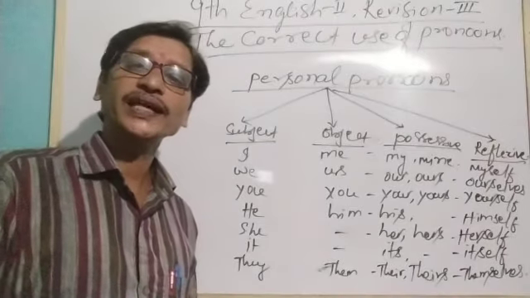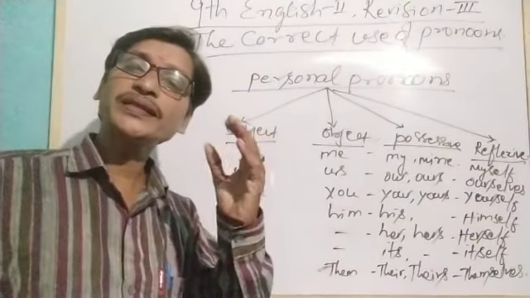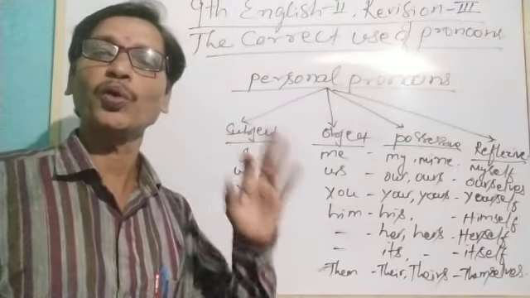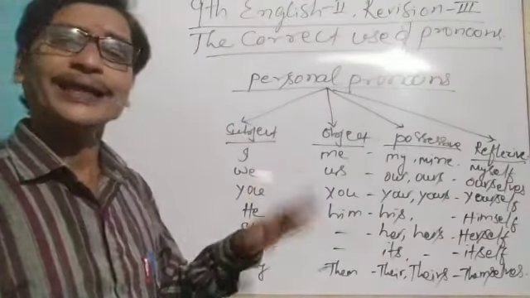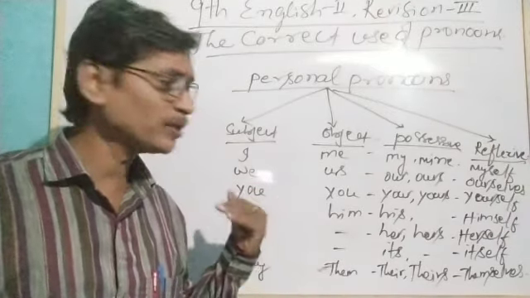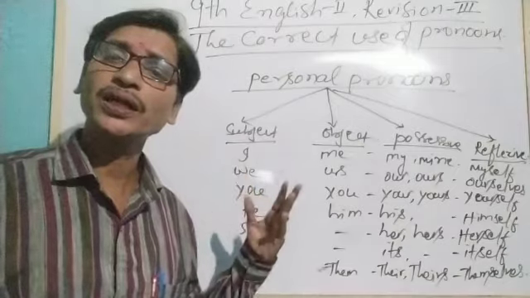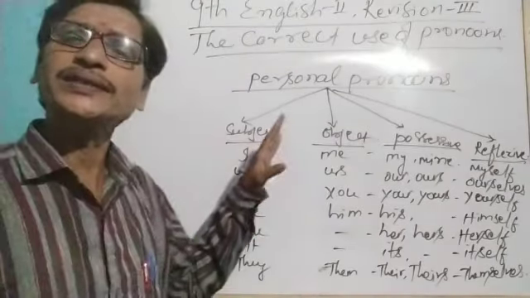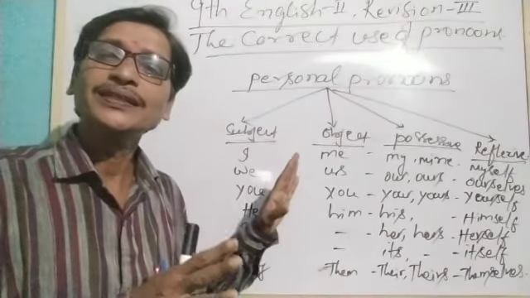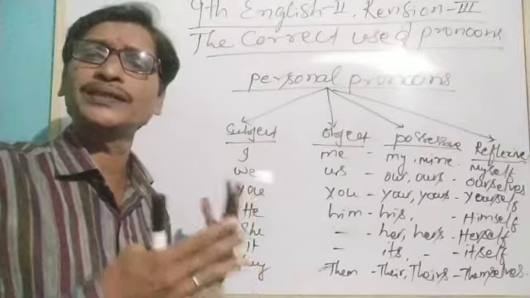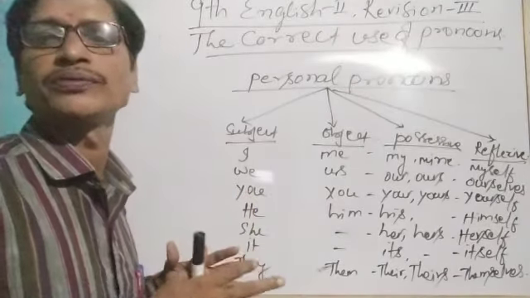Before going to the instructions for the correct use of pronouns, as I have already told you, we have four different types of pronouns: personal, interrogative, relative, and indefinite. Let's first understand the personal pronouns, so it will be easier for us to understand the correct use of pronouns.